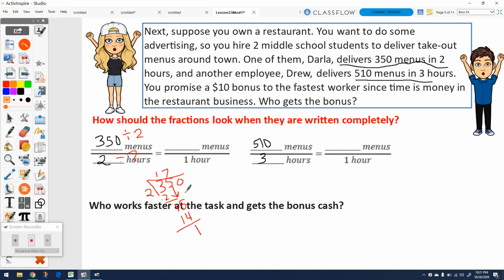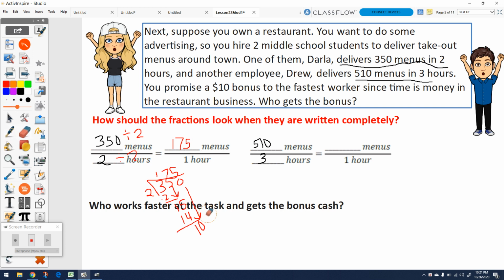And bring down that last number, which is a 0. 2 goes into 10 5 times, and we end with 175. So Darla can do 175 menus in 1 hour.